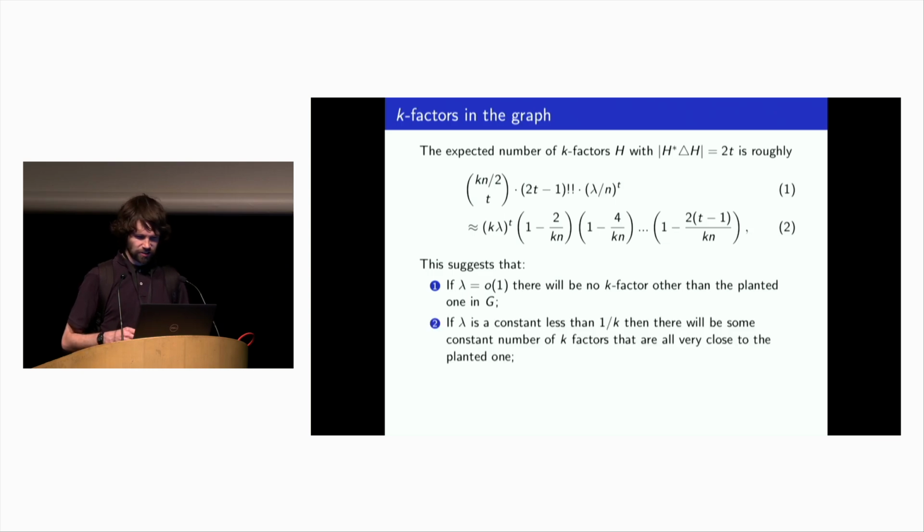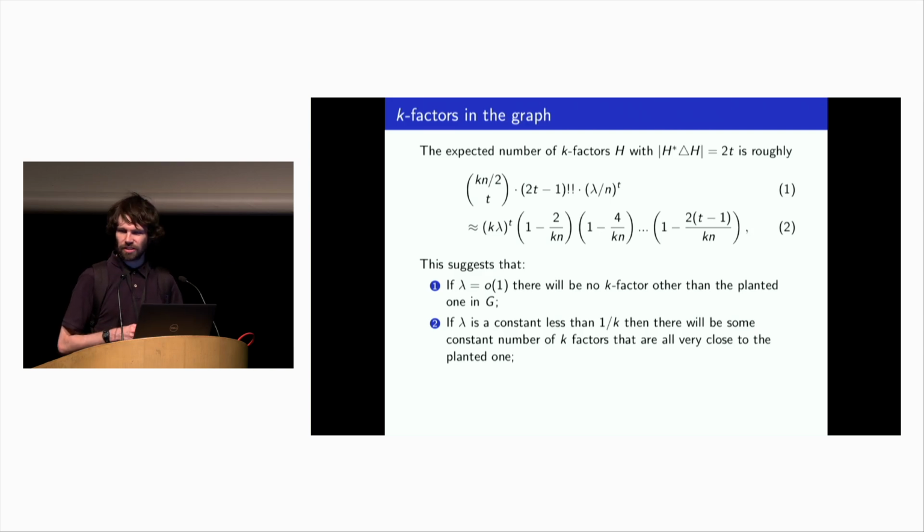And if lambda is a constant that's less than 1 over K, then instead this is going to be a constant for small values of T and goes to 0 sufficiently fast as T increases, so that essentially all K-factors other than the planted one will be within a roughly constant distance of the planted one.